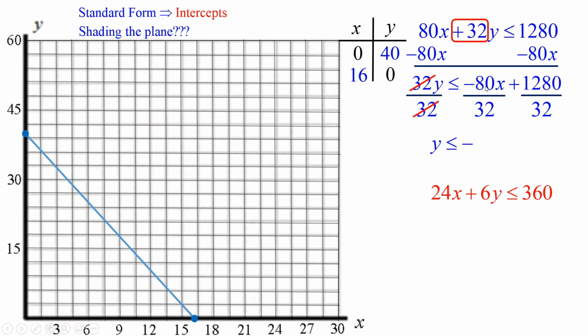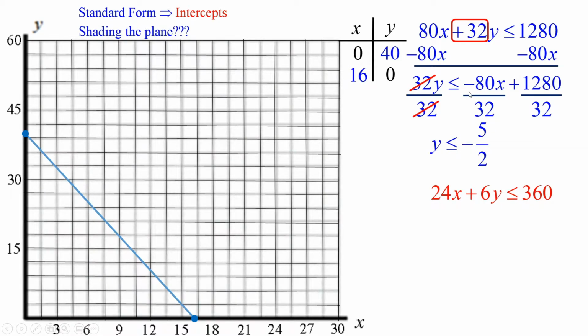And then I just need to reduce the fraction 80 over 32. So what's the biggest number that goes into 80 and 32? I think it's 16, because doesn't 16 go into 80 5 times? And doesn't 16 go into 32 twice?